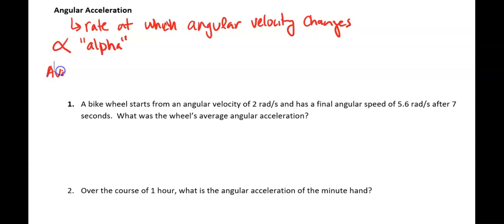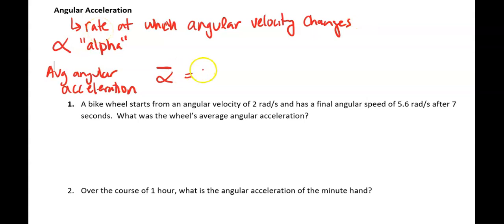For average angular acceleration, we know the symbol for average is whatever the quantity is with a line over it. So average alpha, or average fish. It's going to be the rate at which angular velocity changes. A rate is the change of velocity per time, so I'm good.